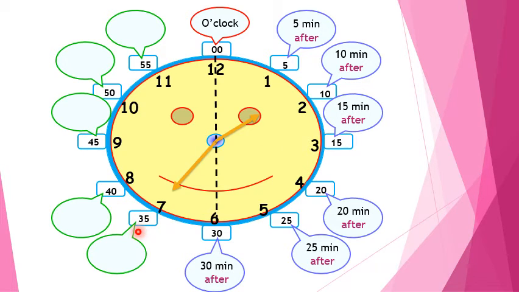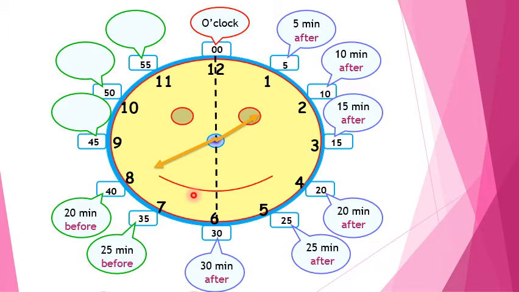I know it's 35 minutes after 2 o'clock, but it's closer to 3, so it's going to reach 3, so we say it's 25 minutes before 3 o'clock. And here we have 40 minutes on the clock, but it's 20 minutes before 3 o'clock.